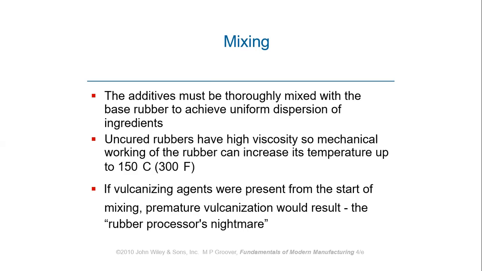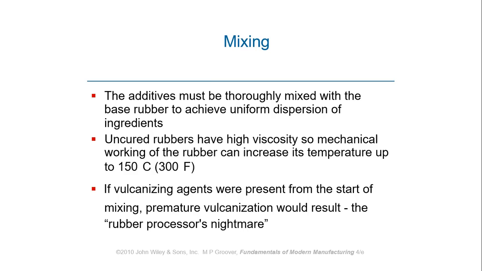And if the vulcanizing agents are present from the start of the mixing, premature vulcanization would result, and this is called the rubber processor's nightmare. Okay, because the vulcanizing has to be done at the last stage of manufacturing a rubber product.